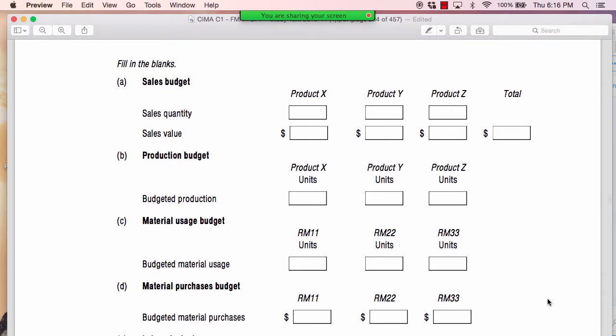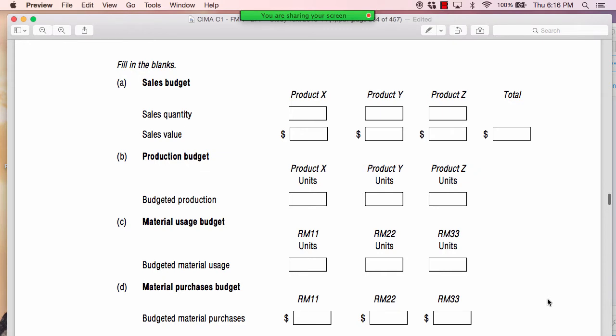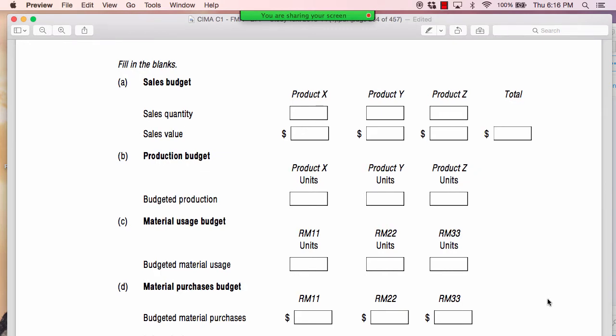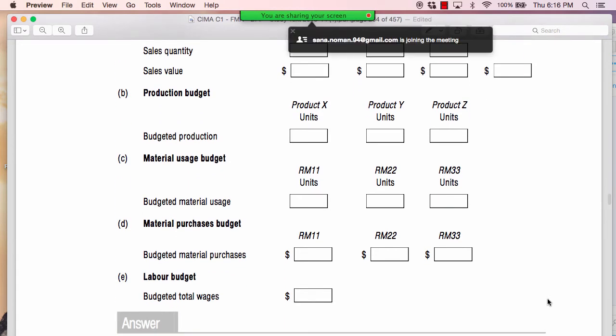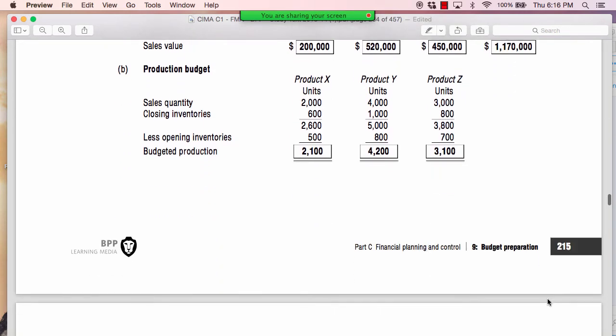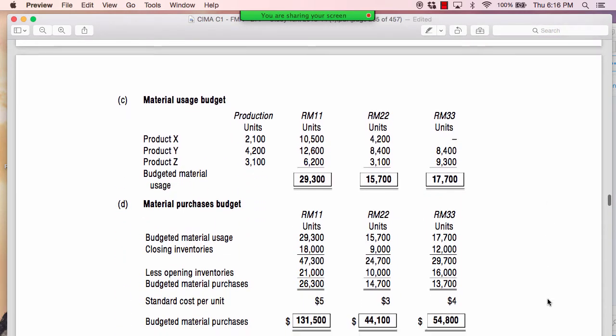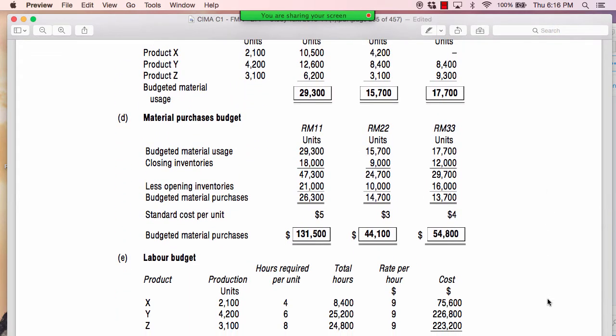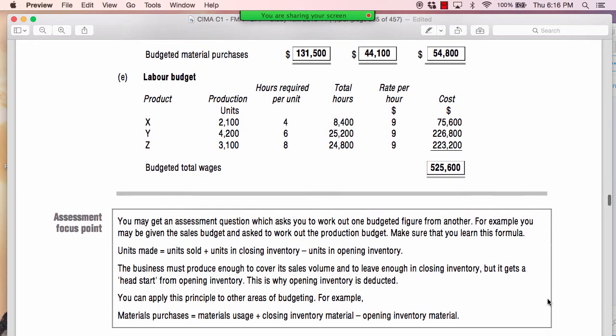So again, it is a structured approach to going through the budgets. Now, first you start with the sales. It's fed with the material, okay, and also the labor. Yeah. Now let's go through. There's a question here. I will give you the question for you to work at home.